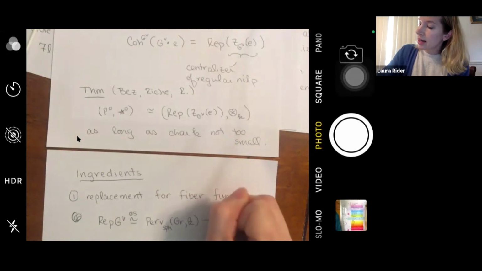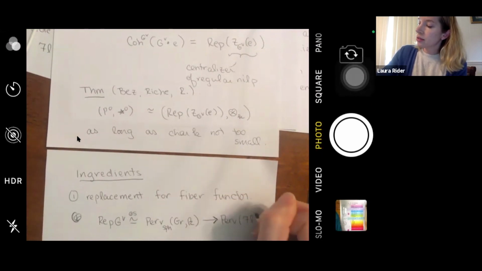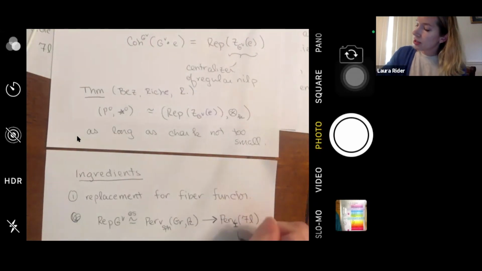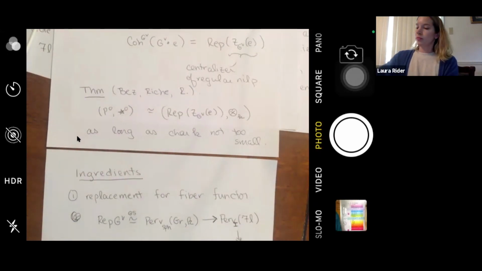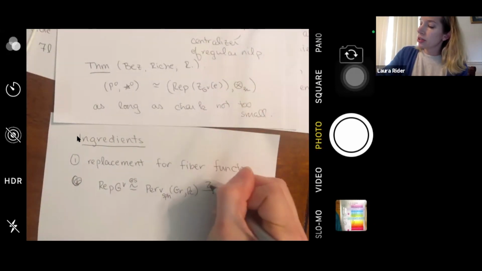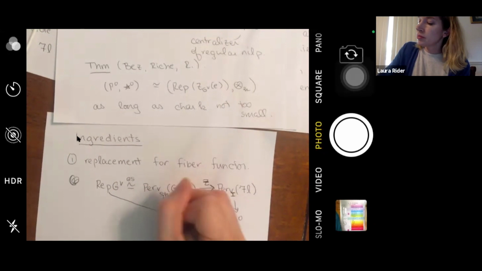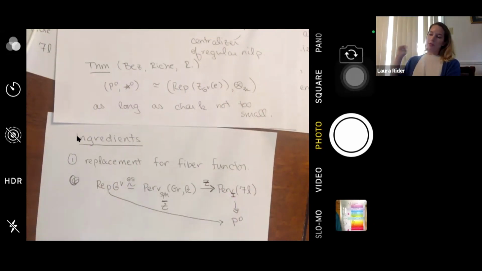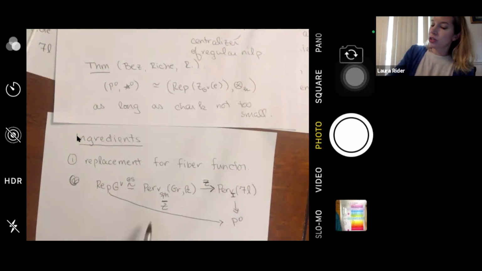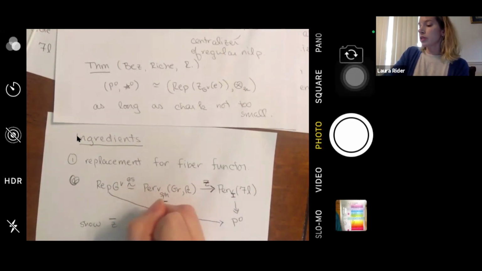And then this has a functor to perverse sheaves on the affine flag variety. And then here's our quotient. The functor here is the nearby cycles functor defined by Gaitsgory. This is our replacement for the fiber functor. So we have a category of representations already here that we understand. And so we need to show essentially that Z bar looks like a restriction functor.